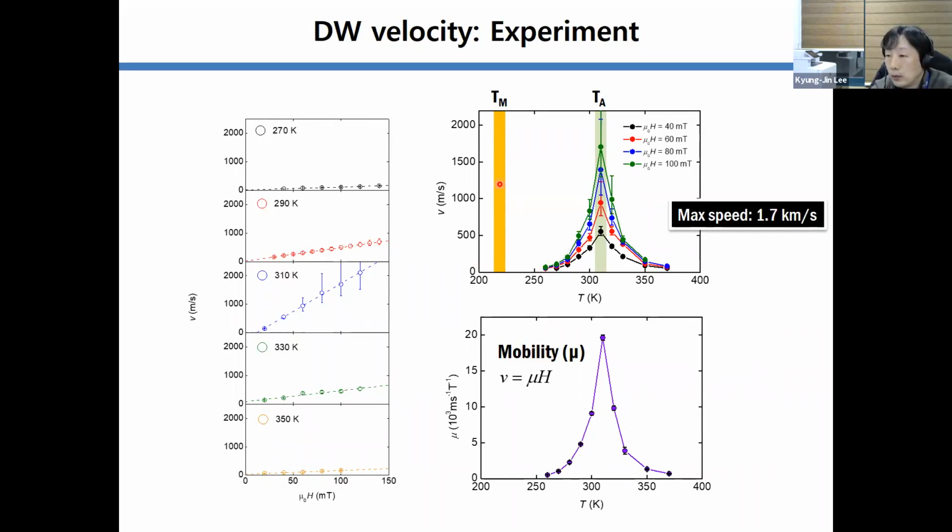So this one is Tm, 220 K, but what we observed is that the domain wall velocity becomes maximum at a very different temperature, 310 K. According to our theory, this temperature corresponds to TA.